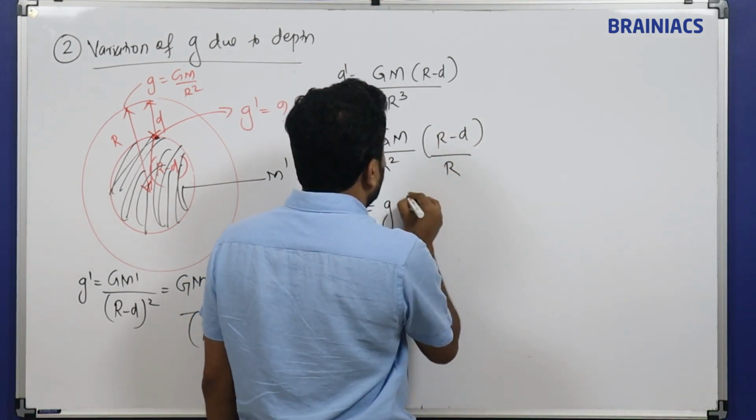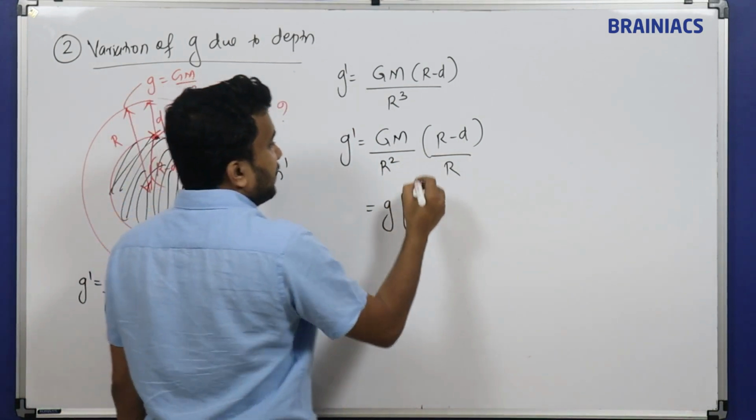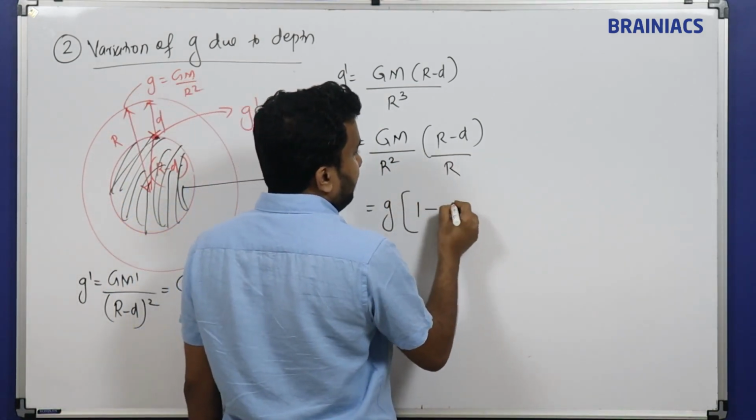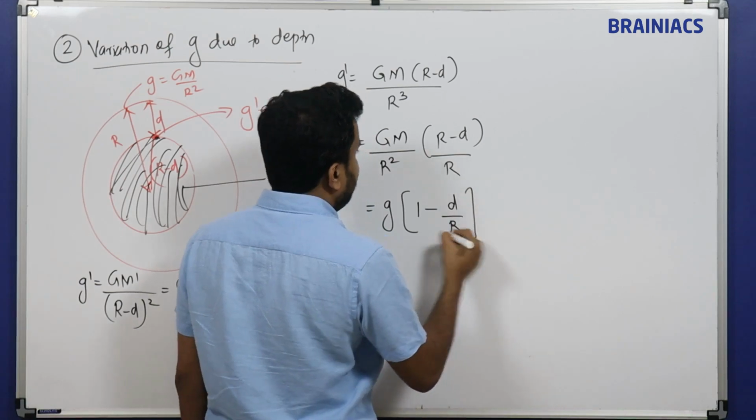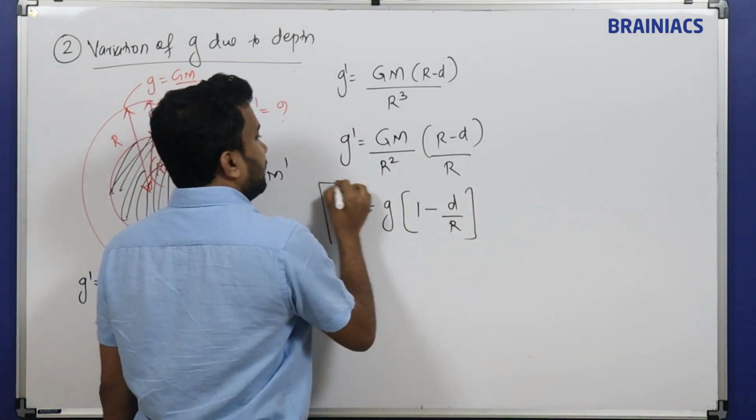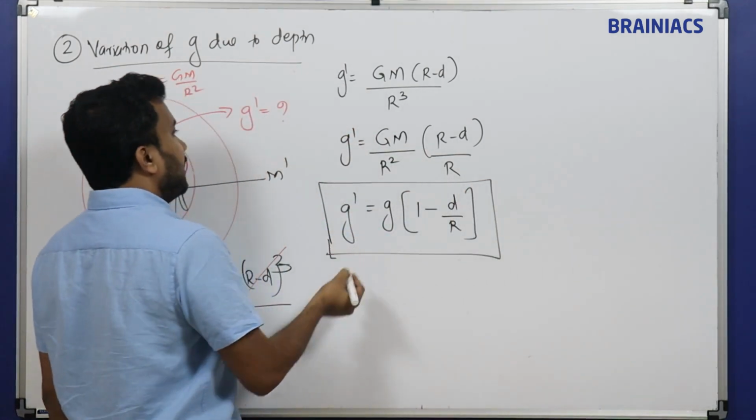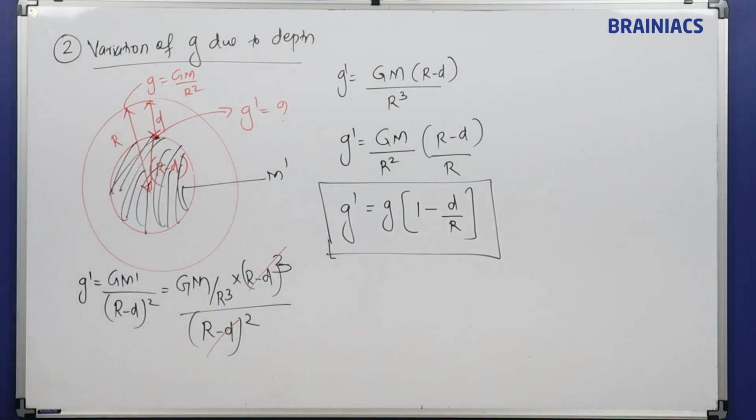We know GM by r square is g, and r minus d by r is 1 minus d by r. So g dash equals g into 1 minus d by r. This is the gravitational field intensity at a depth d below the surface of the earth.